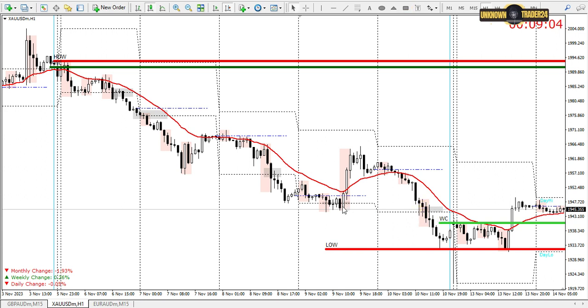However, if you go to a 15-minute time frame, you will realize that from Monday to Friday, they were giving stop hunts exactly at 3:30 South African time, which is 8:30 a.m. US time.